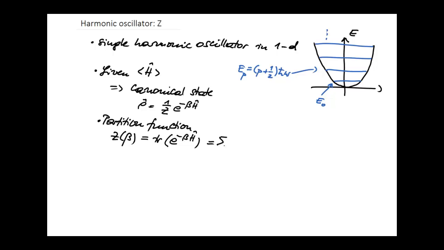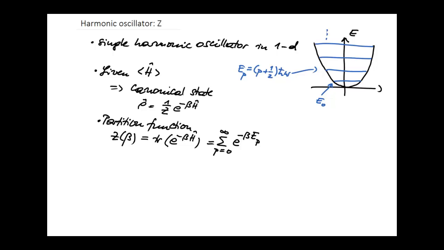It's the sum over all p going from 0 to infinity, and then we have e to the minus beta, and then the eigenvalue E_p of the Hamiltonian. For the pth energy level, for the E_p, we can insert the formula in blue.